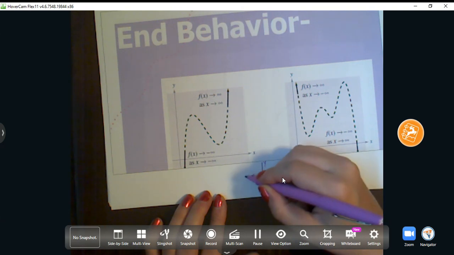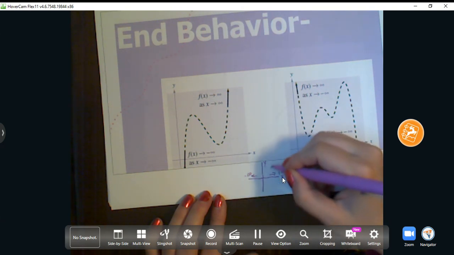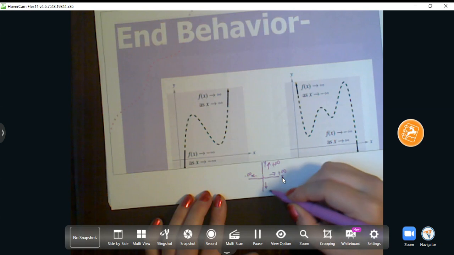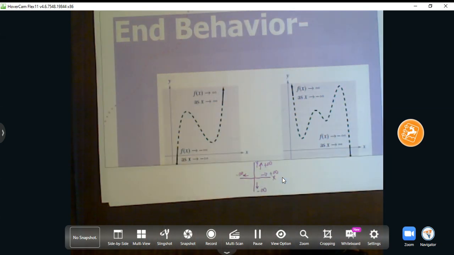And as we go to the left, it's going to be going towards negative infinity. As we go up, we're also going towards positive infinity. And as we go down, we're going towards negative infinity. So basically, we're trying to come up with the combination of those that we're looking for.